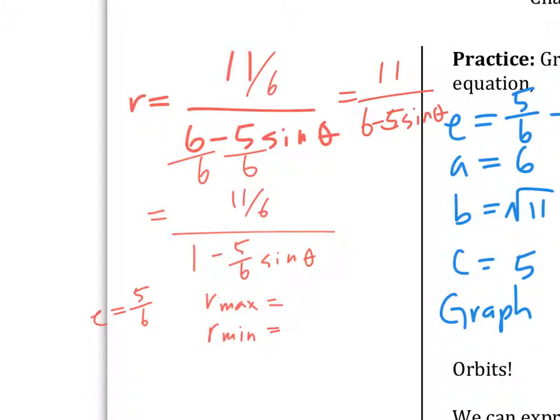So then 11 over 1 is going to be 11. So the highest R is 11. Okay, same thing. What is the minimum R? Negative 1. So the smallest number sine can be is negative 1. And then the whole thing is going to be 6 minus negative 5, or 6 plus 5. Right, so it's going to be, what is it, 1? 1.